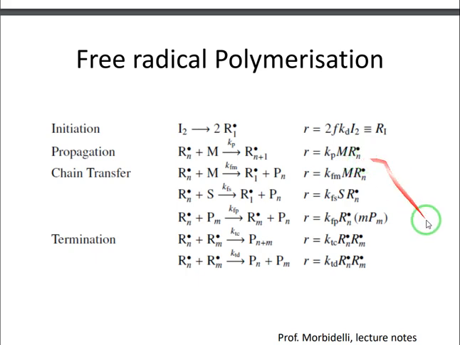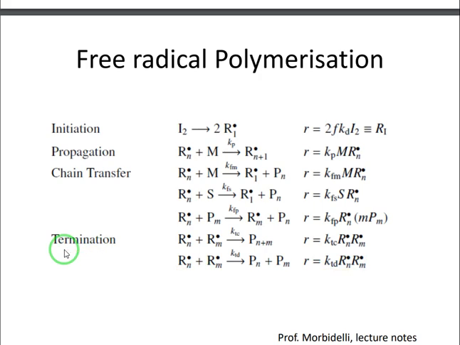But for the termination step, you see here that two radicals are going to contribute. So if we decrease the concentration of the radicals present in our system, we will lead to a greater decrease in the termination step, because it's a second order reaction, where two radicals contribute to the termination.